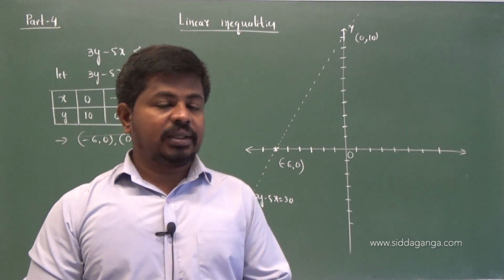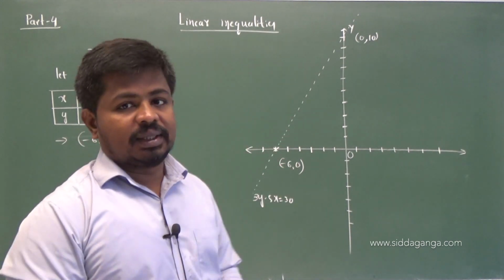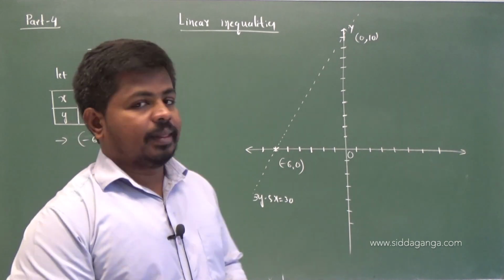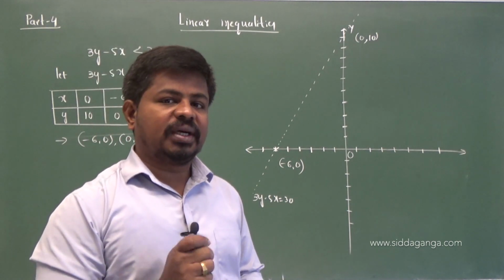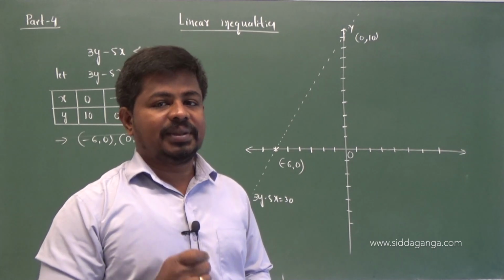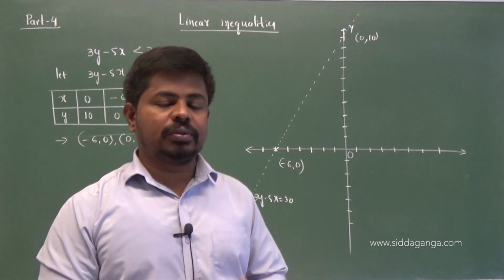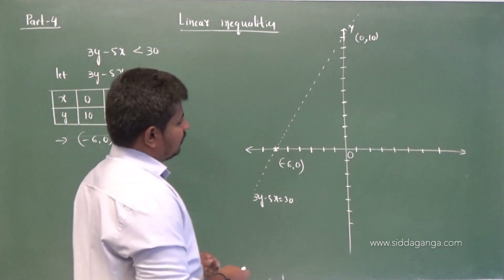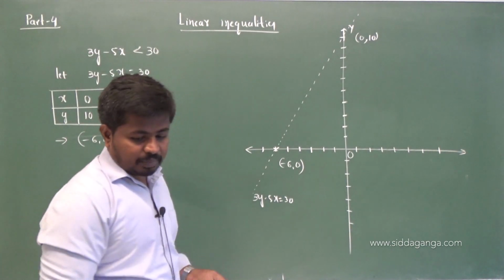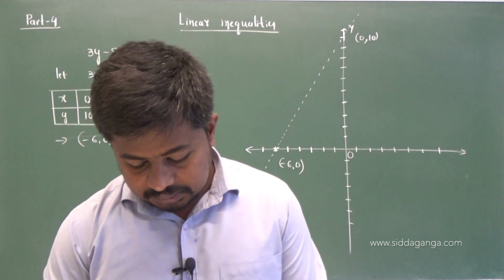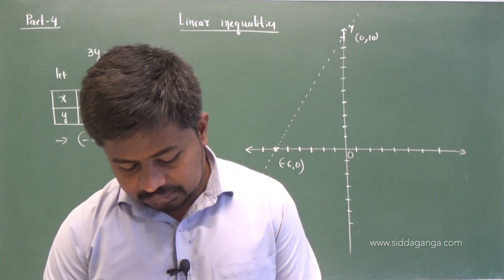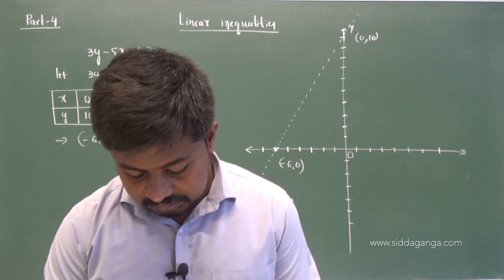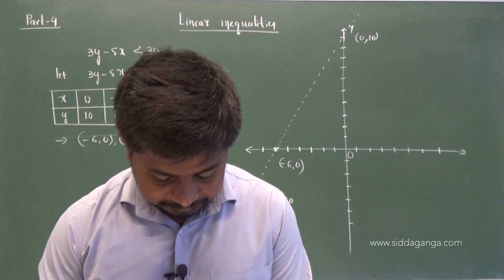In case of a dotted line, points on the line do not belong to the solution region, but in case of a shaded line, in case of a slack inequality, points on the shaded line belong to the solution region. So, again this line divides the given plane into two parts, the upper half plane and the lower half plane. Again same steps: considering a point from any plane, substituting in the given inequality. So, you get the answer.